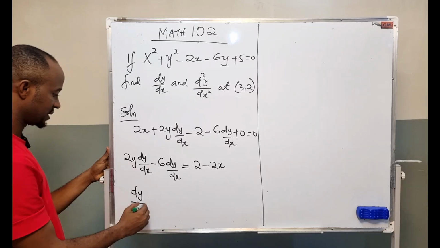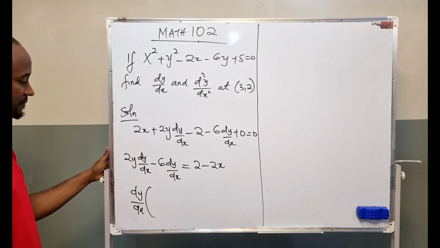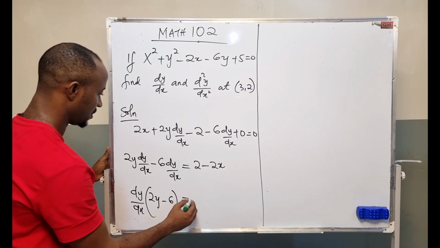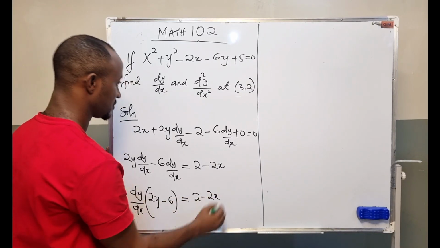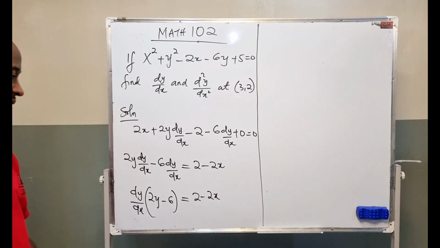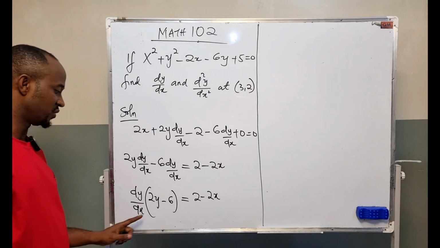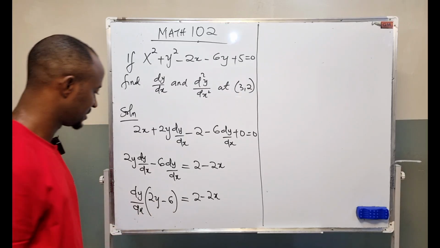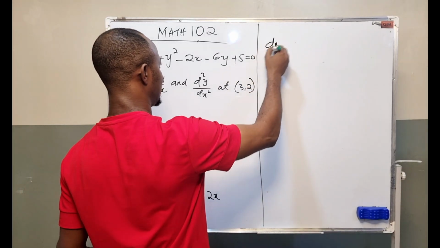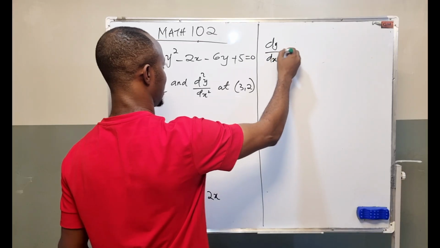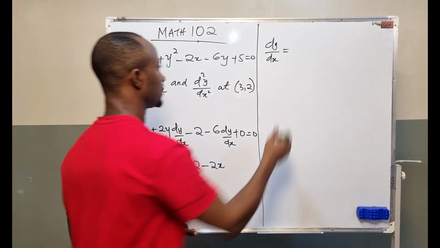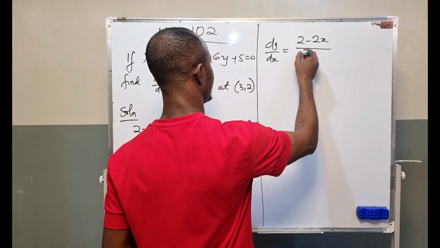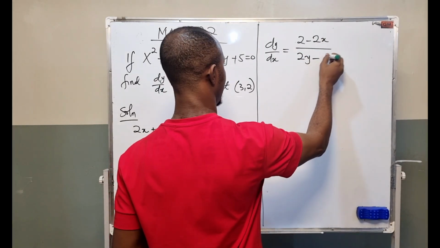I will factor out the dy/dx, and that will give us 2y minus 6, all equals 2 minus 2x. The next is to find the dy/dx. How do we find the dy/dx? I will eliminate this expression here by dividing both sides by 2y minus 6. That implies that the dy/dx, which is our first derivative, will be 2 minus 2x divided by 2y minus 6.